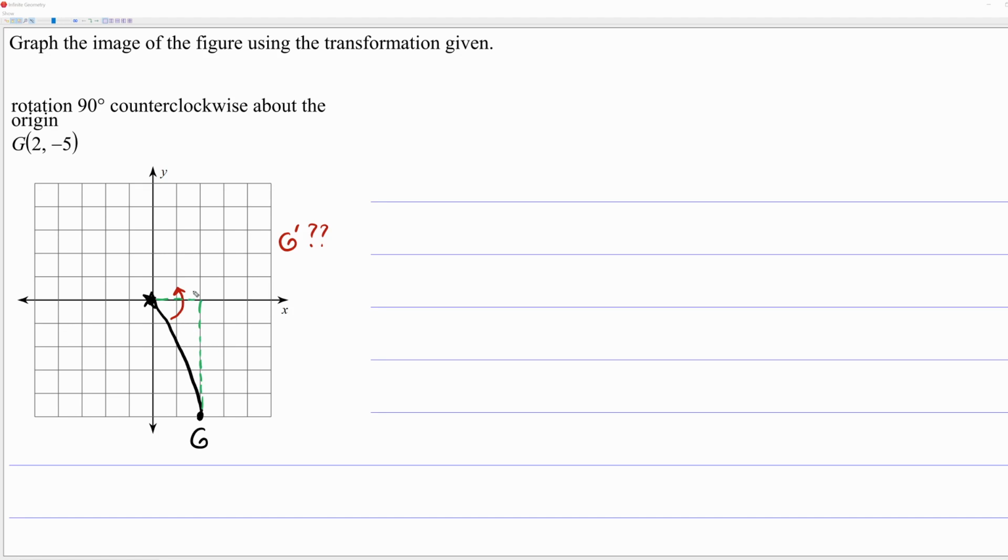Well, we go over, that's 2 squares, and we go down -5 squares. So the slope to get from the origin to point G is rise over run, that's probably what your algebra teacher said, is -5/2.